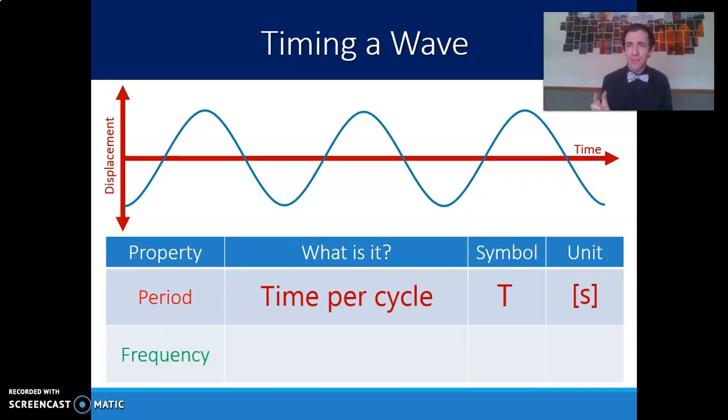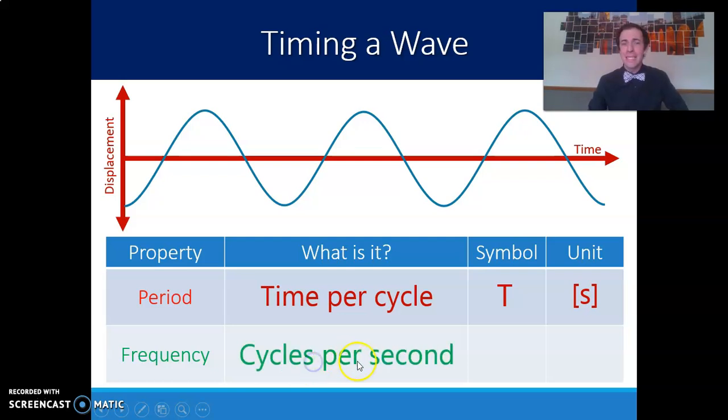Frequency is also important. This is very closely related to period, which we'll see in a second. But frequency is the cycles per second, how many waves have happened in a given amount of time. Now, the symbol that we'll use for frequency is this italic lowercase f. And then our unit is a unit known as hertz, abbreviated Hz. Hertz basically just means how many cycles per second.